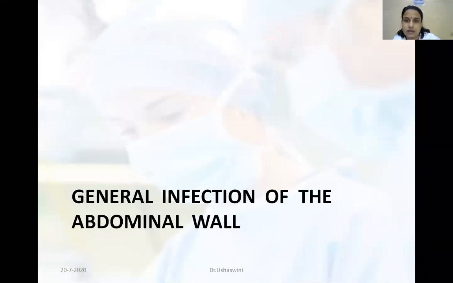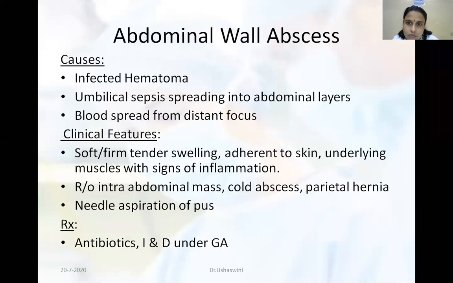Coming to the next topic, general infection of the abdominal wall. Firstly, abdominal wall abscess. An abscess anywhere is a collection of pus in a cavity.